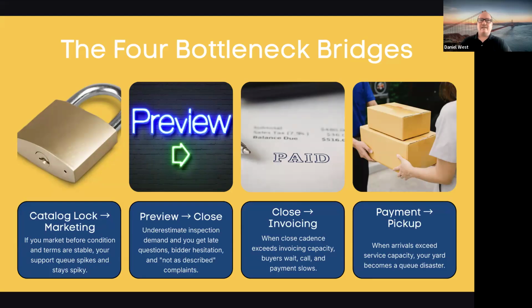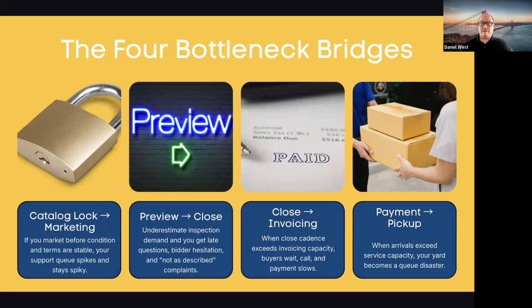What that means is that your auction catalog, all of the items that you're selling, the pictures and descriptions and condition reports, all of that stuff should be super stable, as complete as it possibly can be before you start promoting the sale. If you start promoting the sale before your catalog is complete, you're going to have a lot of confused buyers.